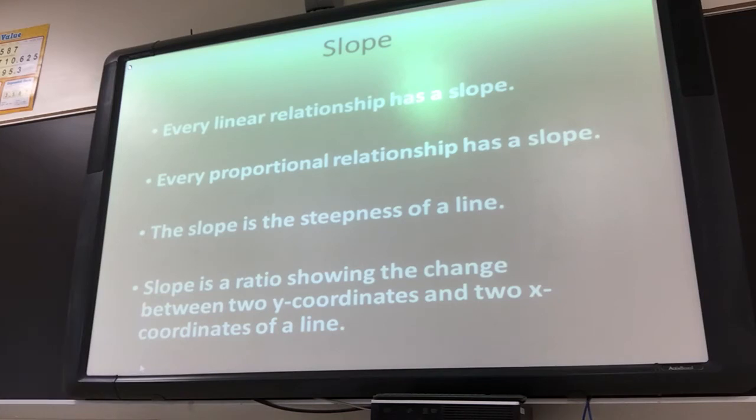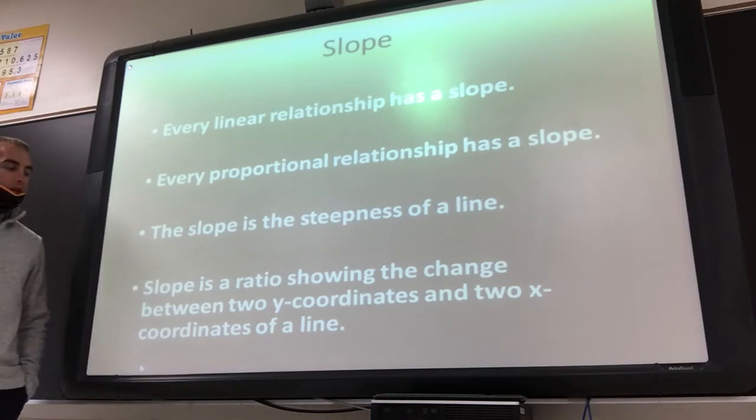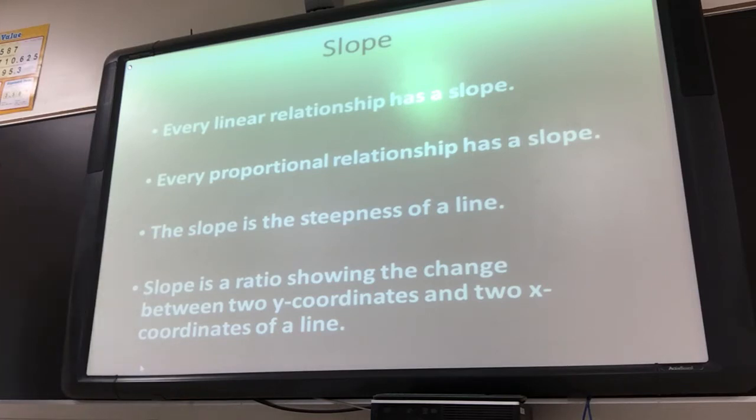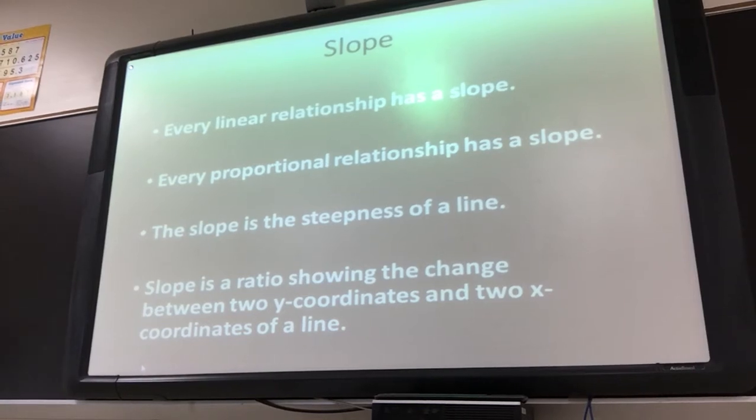We talked about steepness last week a little bit. But what it is, it's a ratio. That's why we can say it's the unit rate, because it's a rate or a ratio that shows the change between the y-coordinates and the x-coordinates. In other words, it's kind of like how far away is one point from the next. That's what we're wondering.